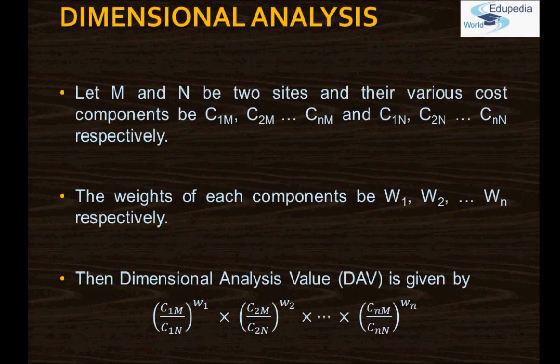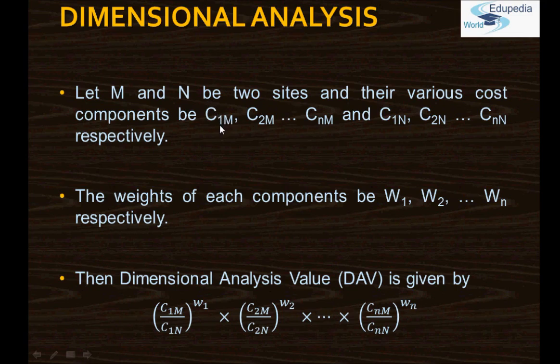Let's take an example and understand. Let's say we have two different sites, M and N, and these two sites are to be compared. Their various cost components could be given, for site M, as C1M, C2M up to CnM.